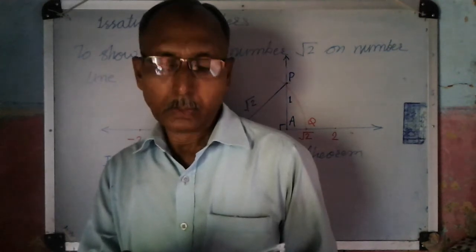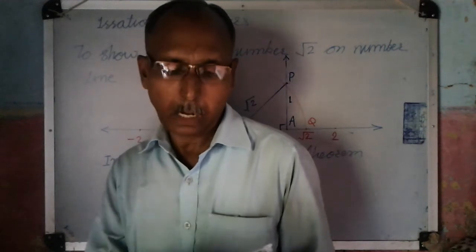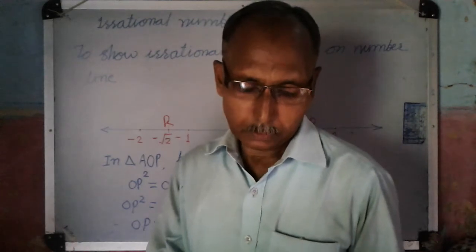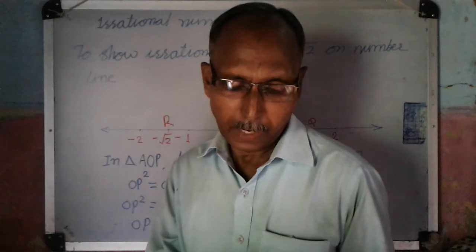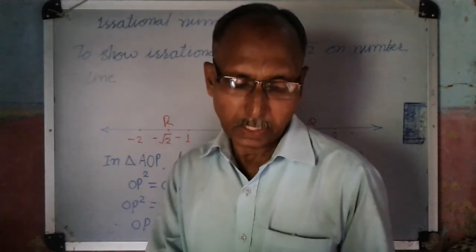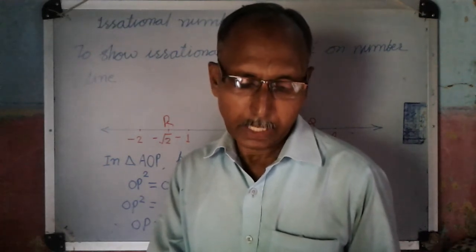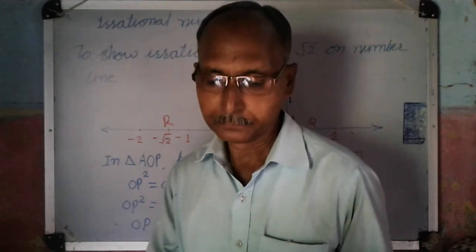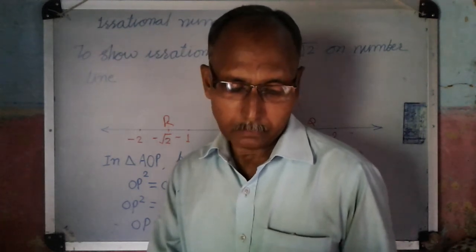Using the Pythagoras theorem, you can find length OR. To find the length OR, you put the values in the formula. The formula is given, put the values in the boxes and find length OR. See here, by Pythagoras theorem, length of OR square is equal to length of OQ square plus length of QR square. Now, put the values here.